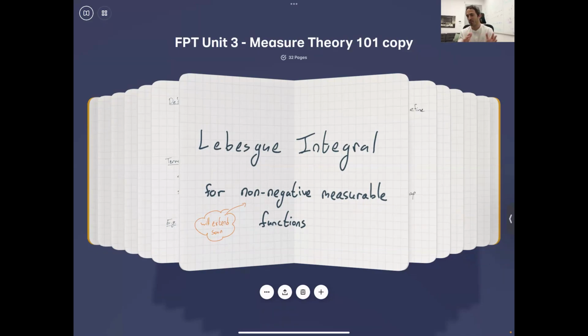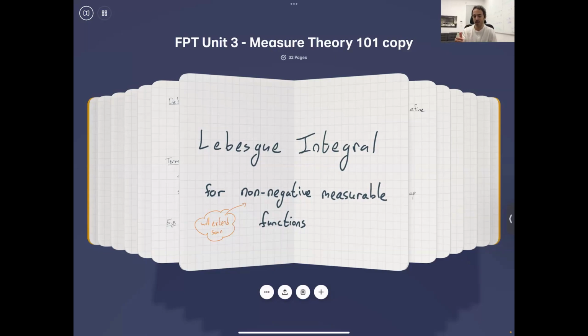So we want to kind of initially avoid the pluses and minuses canceling each other. So we're only going to define the Lebesgue integral for non-negative functions. But the point is that when you stick to non-negative functions and you ask which functions are Lebesgue integrable, not necessarily Riemann integrable, it turns out that measurability suffices, right?